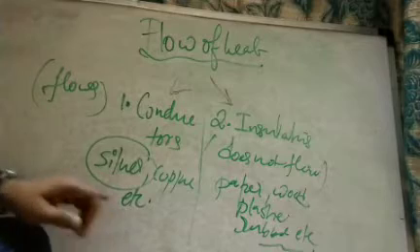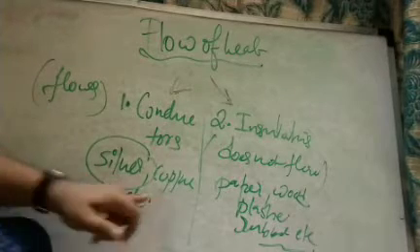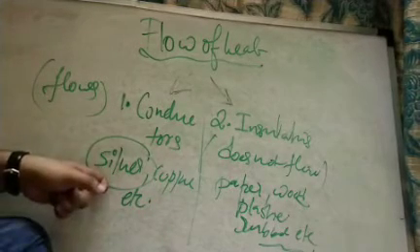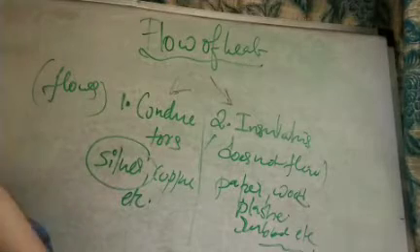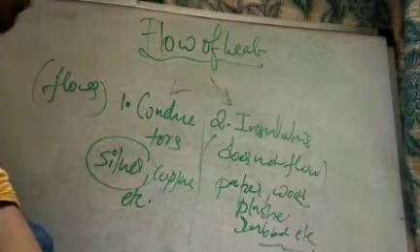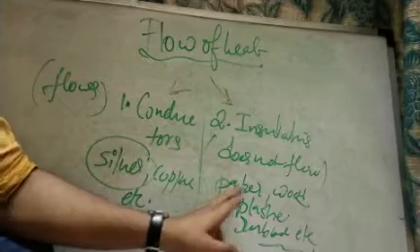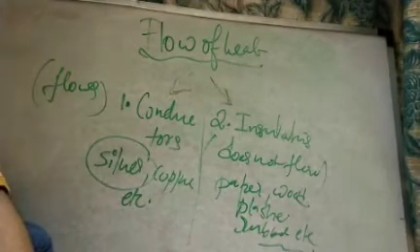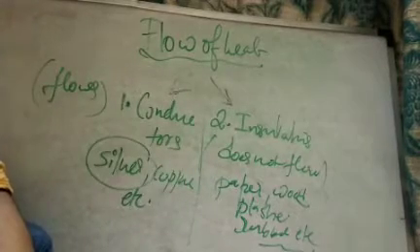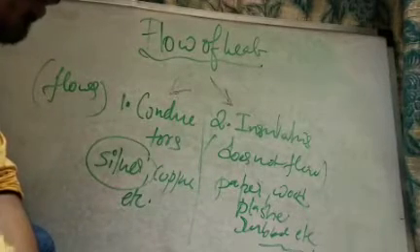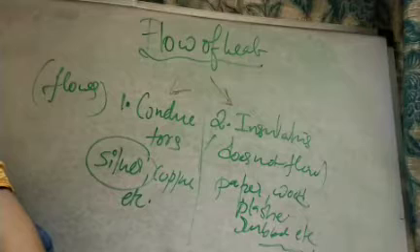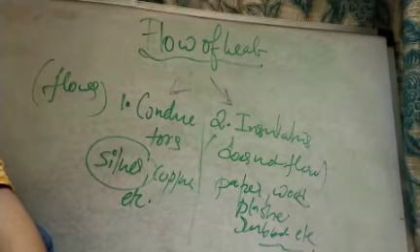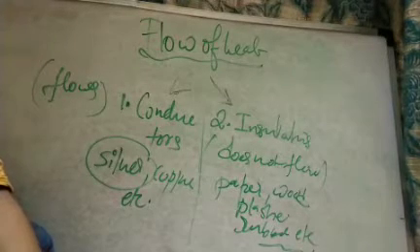Examples of conductors: silver, copper, etc., out of which silver is the best conductor of heat. Examples of insulators: paper, wood, plastic, rubber, etc. So these are the two categories of substances which are classified on the basis of the amount of heat they allow to flow through them.